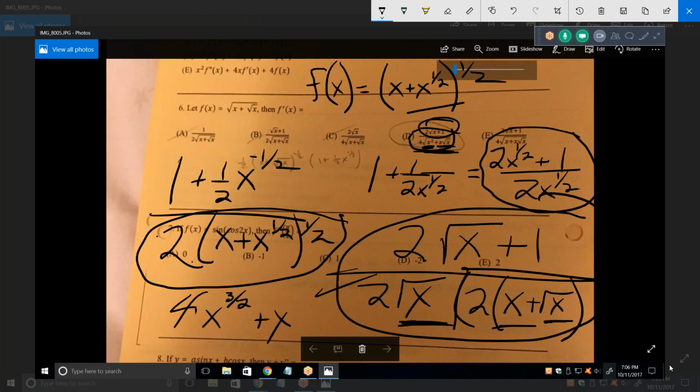Yeah, it's pretty complicated. D is the answer for sure. I can check in the back. Well, because I'm thinking E looks more right. In other words, look at my denominator. If I distribute this, I get 4 square root of x times square root of x is just x, plus the square root of x times x is this part here.